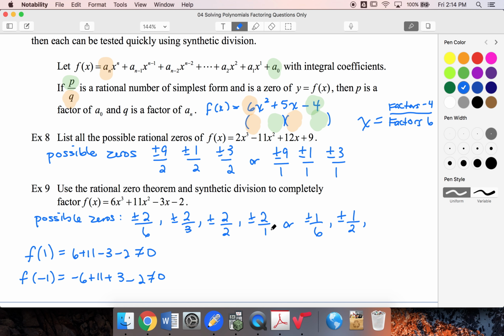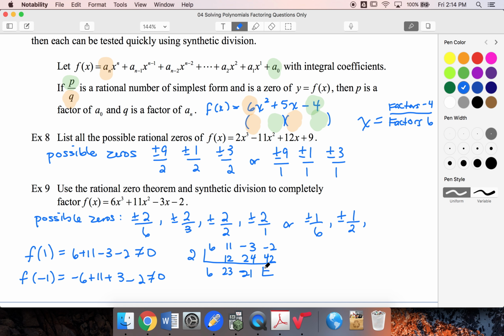I'm going to test my next whole number, which is 2, and this one I'm going to do with synthetic division. So I'll have my 6, 11, -3, -2. 6 comes down, I get 12, 23, 46, 43, so I'll have 42 here.